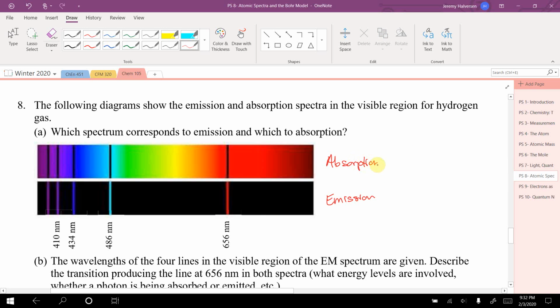Remember this: when an electron falls and emits a photon, that same energy is what is absorbed to excite an electron. So if we were to shine light through hydrogen, these colors would be absorbed to excite electrons, which is why this is the absorption spectrum.